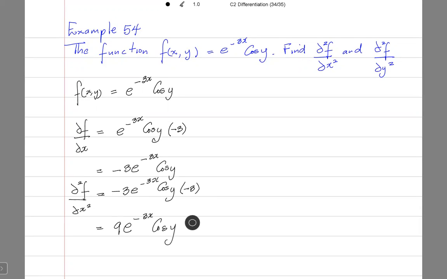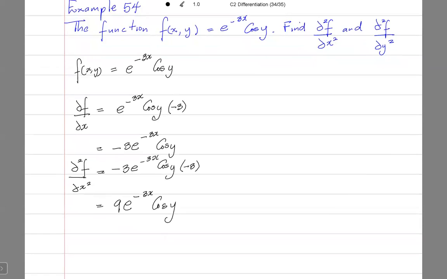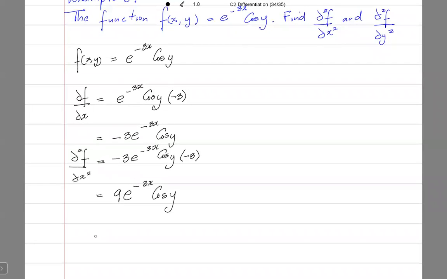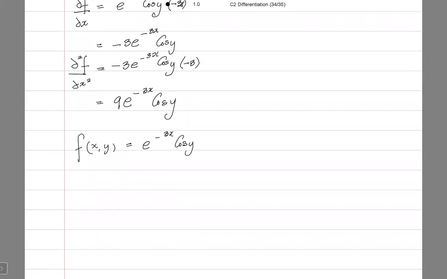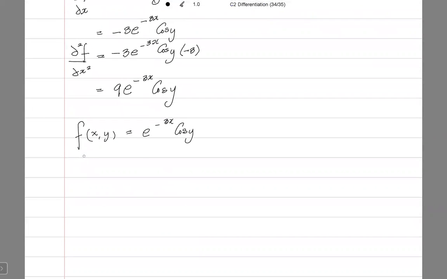All right, same question, but this time we're going to differentiate with respect to y. We have f of x, y is equal to e to the minus 3x, the cosine of y. Let's differentiate partially with respect to y.